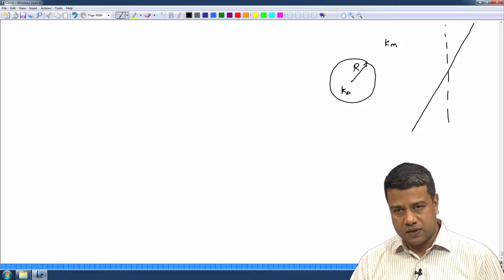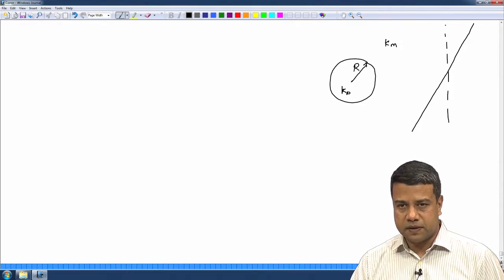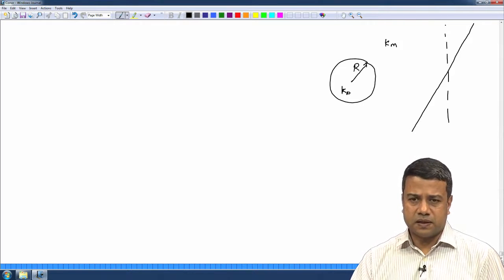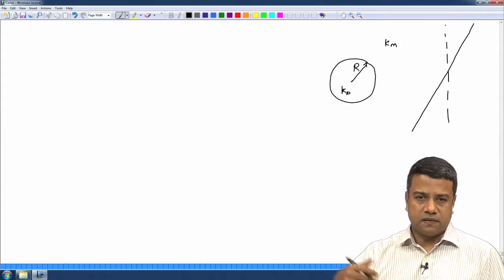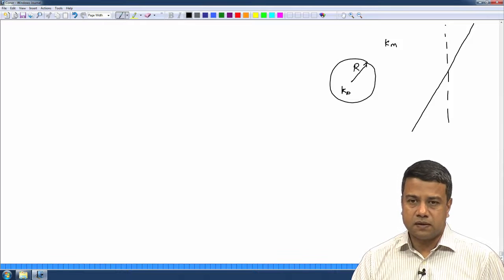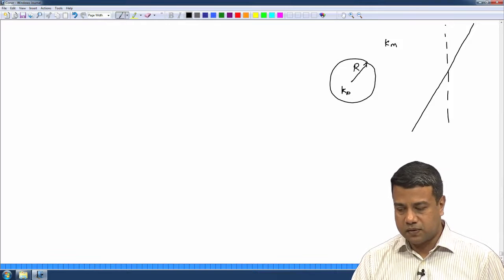Within the particle as well there is going to be a disturbance, because if the particle conductivity is different from the matrix conductivity, either higher or lower, the flux lines will distort around the particle. Whereas, if I had just a linear temperature gradient, the flux is all in the z direction. In this case it will not be so, and our task is to find out the temperature field within the particle and outside the particle.